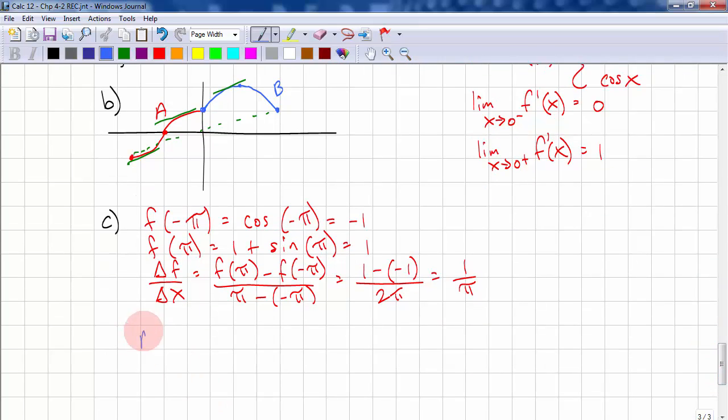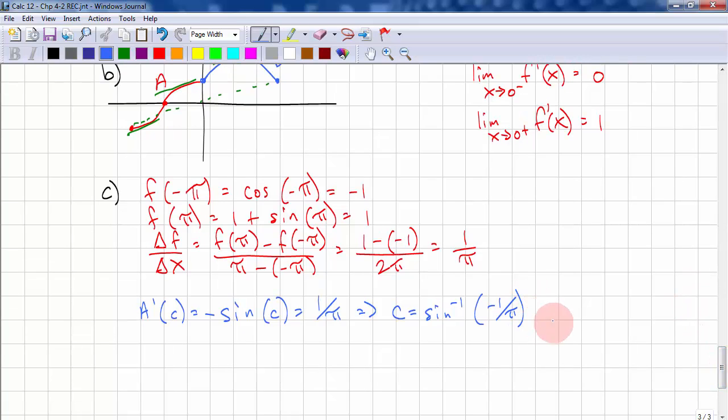So in segment A, we're looking for C such that negative sine C equals 1 over pi. So C equals inverse sine of negative 1 over pi. So this value is negative. So that means we have an answer in quadrant 3 and 4.